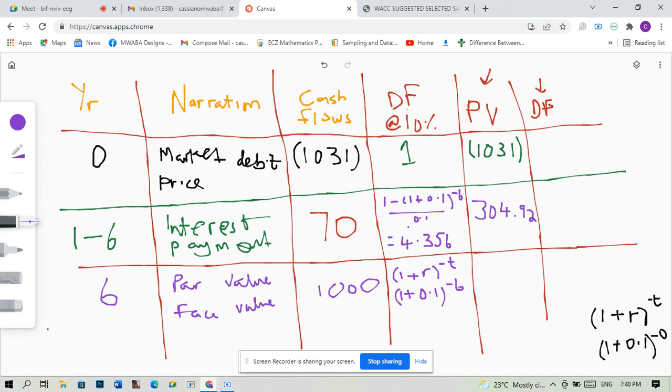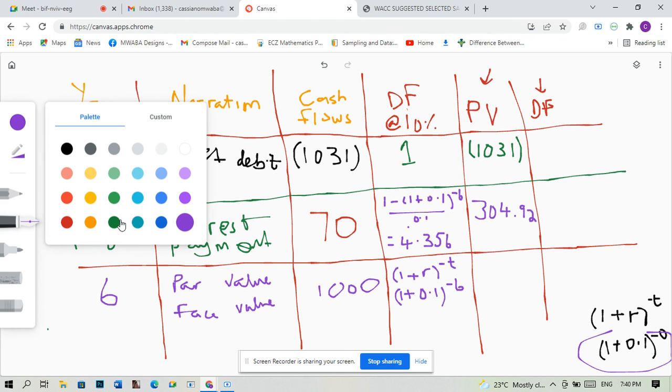In the first column, we used to the power negative 0, and now here it is going to be to the power negative 6. So 1.1 to the power negative 6 gives us 0.564.